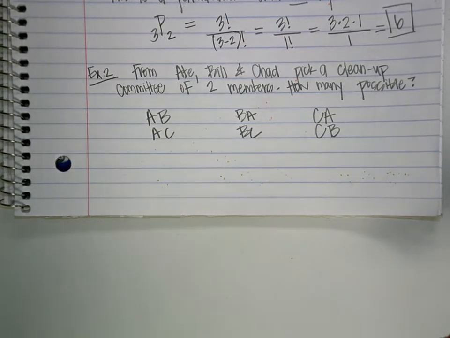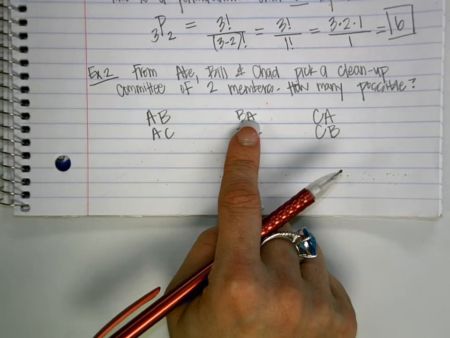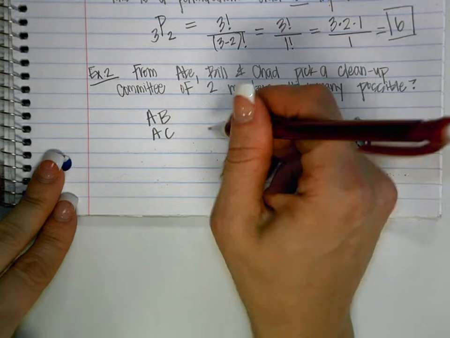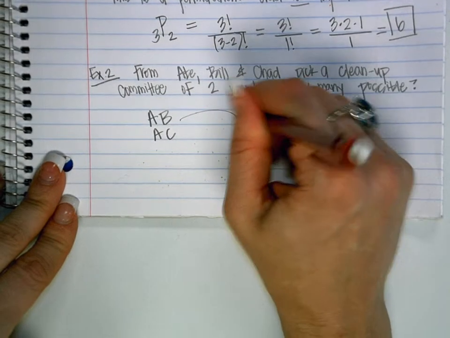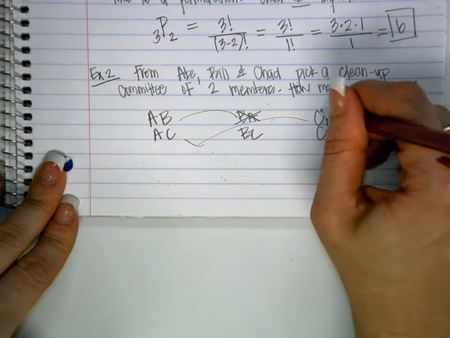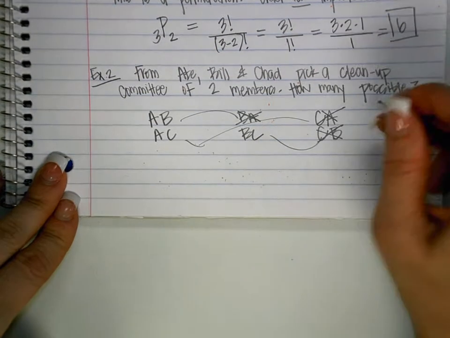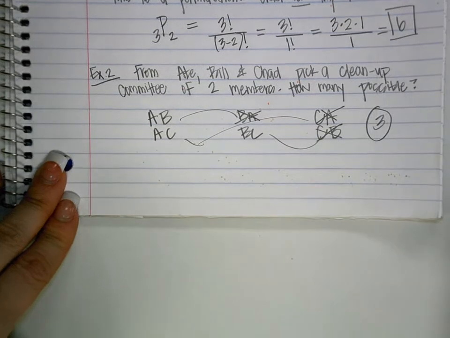Because if you're picking a committee, does it matter if I pick Abe and Bill or Bill and Abe? No, the order is not important. These are exactly the same, so we don't need both. This only has 3 different possibilities.